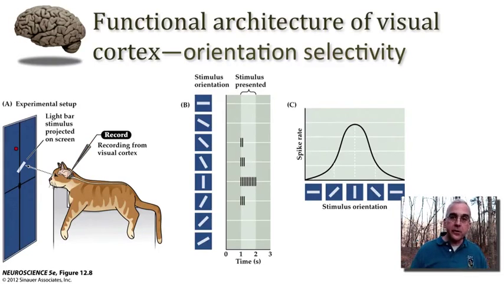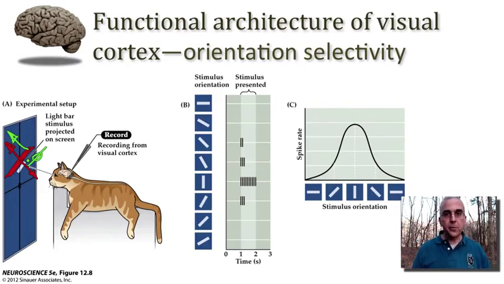As I mentioned, what Hubel and Wiesel discovered is that cells in this part of the brain respond especially well to a bar of light when it's moving in a particular axis of motion. And what they might even find is that some neurons respond very well when the bar is moved in one direction, but not at all when the bar is moved in the opposite direction.